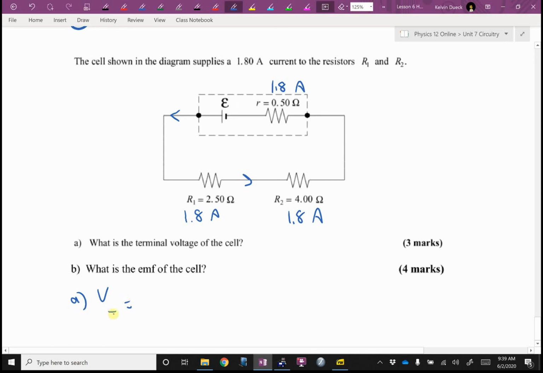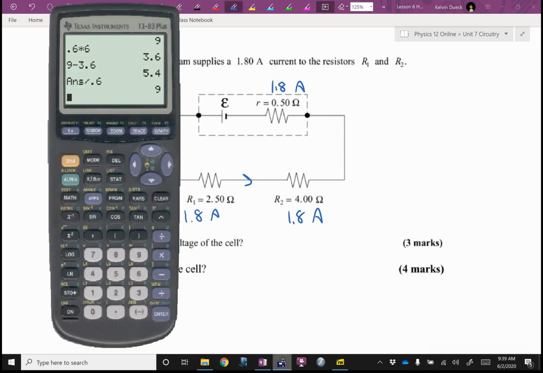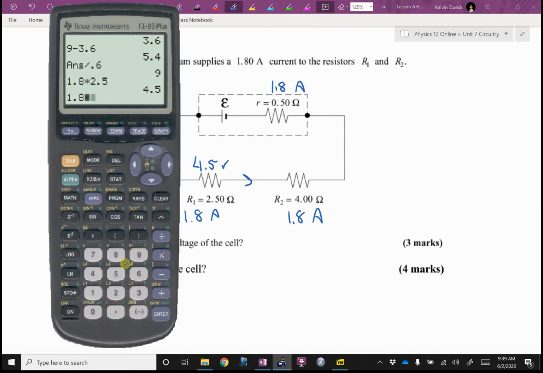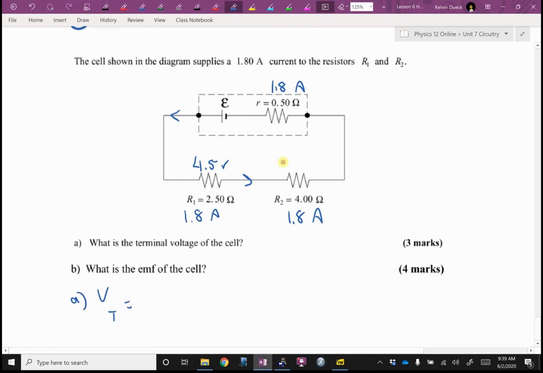Let's just calculate it on here. I times R, that first resistor, R1, is using up 4.5 volts. This second resistor, R2, is using 7.2 volts. So this battery is supplying 4.5 volts and 7.2 volts for a total of 11.7 volts.